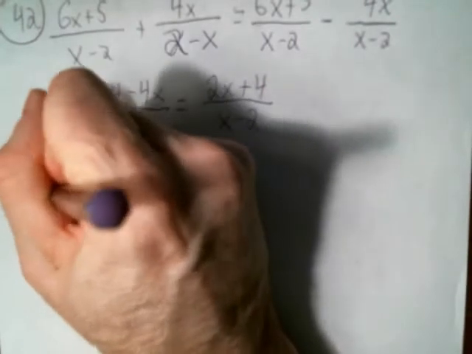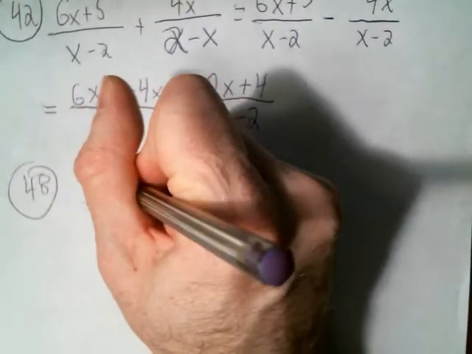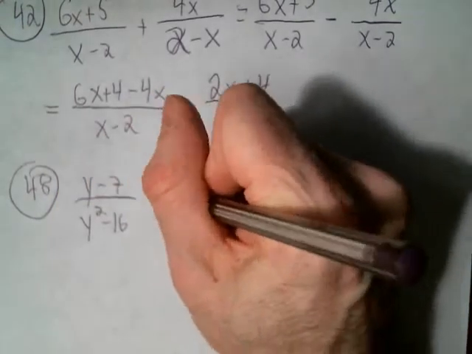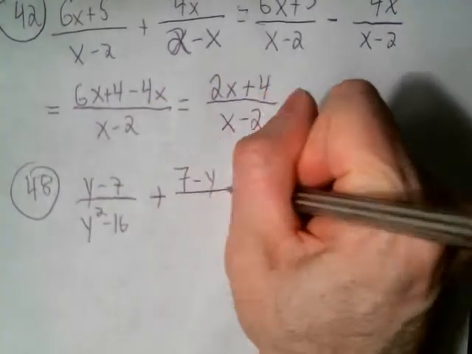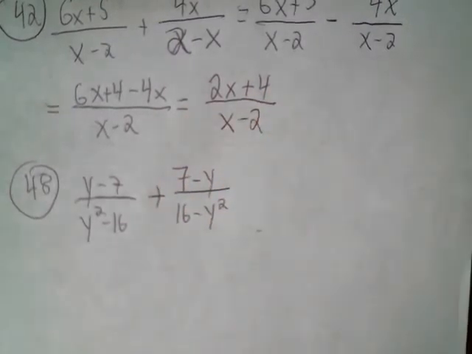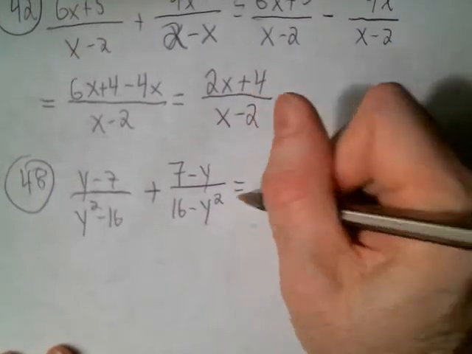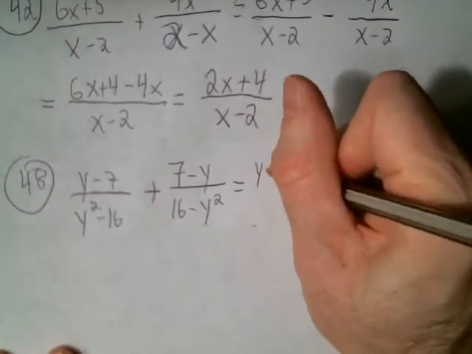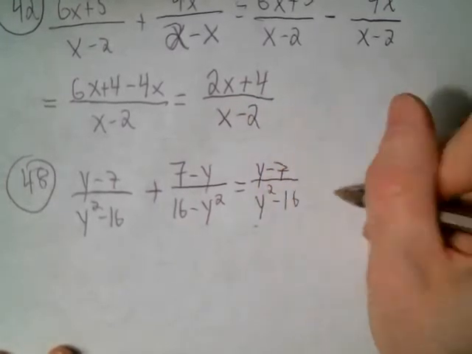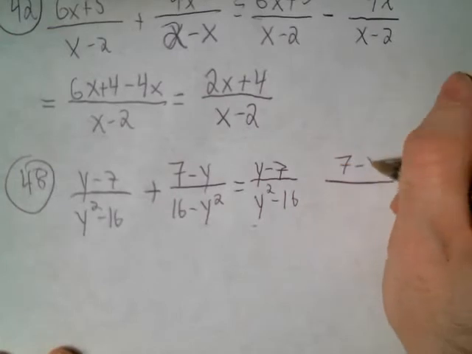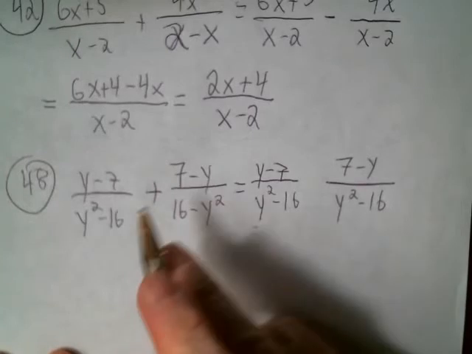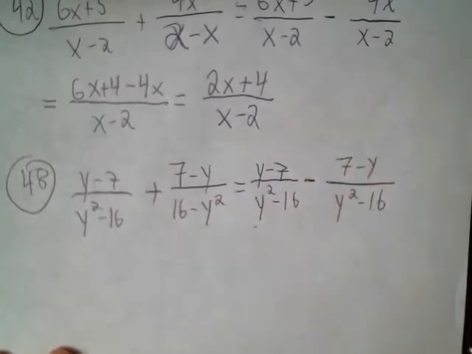Let's get another. Okay. So again, these denominators are opposites. So we'll change the direction of the second denominator, make it y squared minus 16, and then change the original sign in between the terms to a minus.